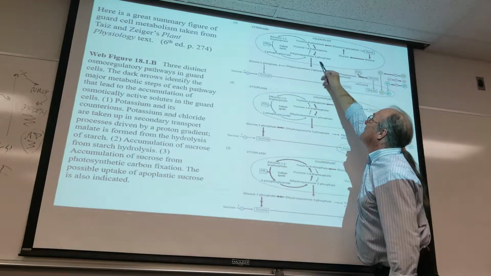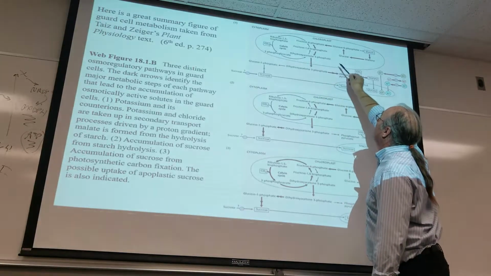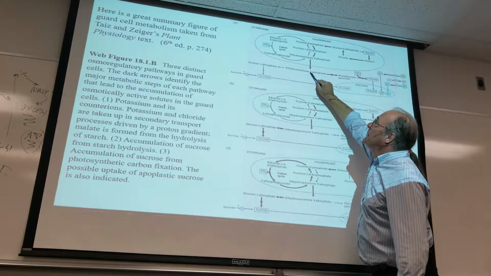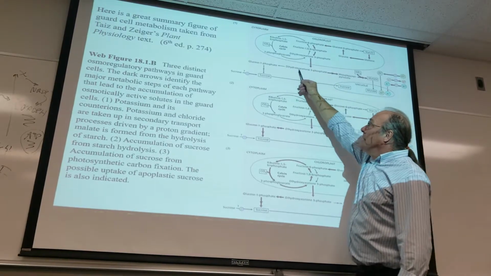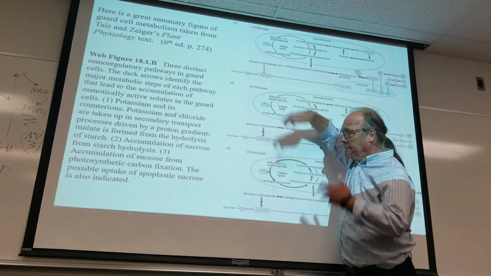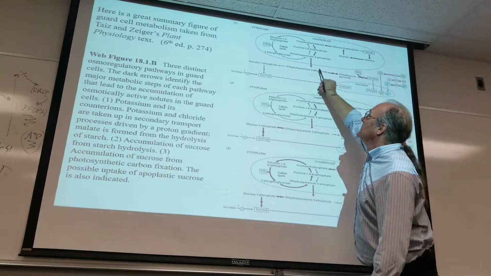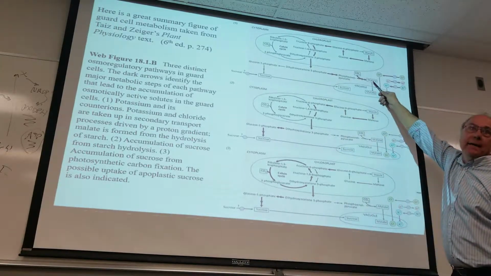In the chloroplast in the guard cell, by doing photosynthesis, this 3-carbon compound can be exported. And lots of cells will incorporate this into sucrose in the whole process of photosynthesis. But in guard cells, this 3-carbon compound can be carboxylated to make malate.